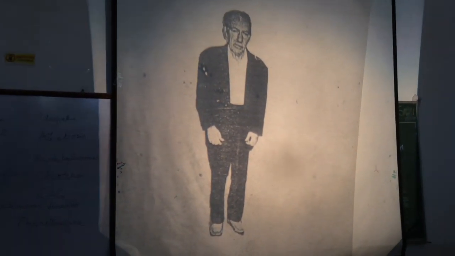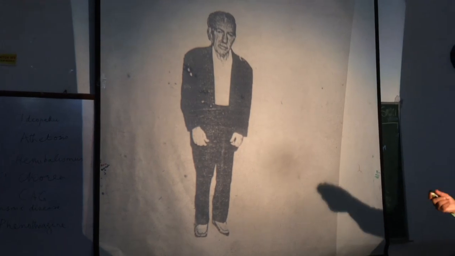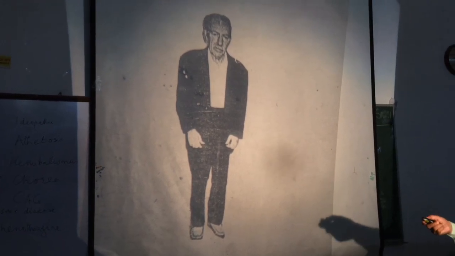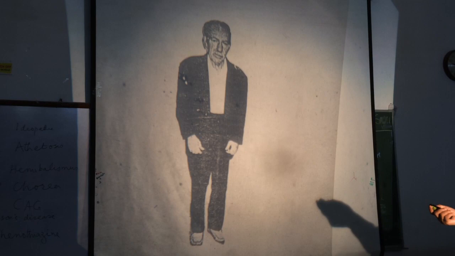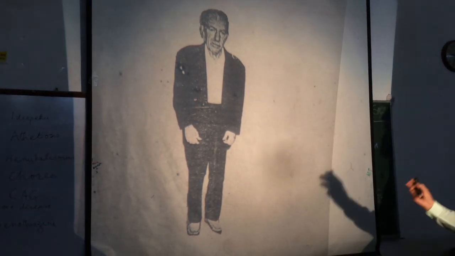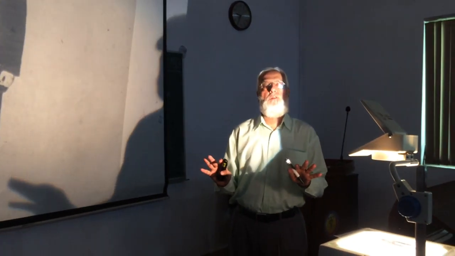When this patient walks, there is no arm swinging during walking. Of course, it is unconscious arm swinging, and it is lost in these patients. There is no paralysis and no sensory loss in these patients.